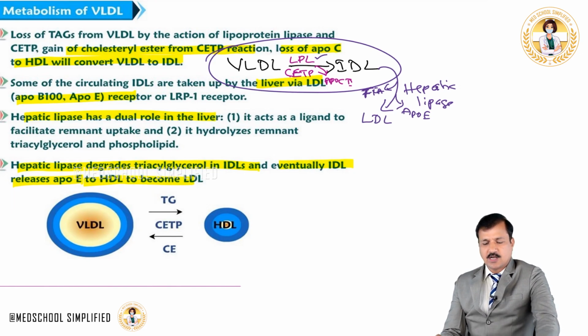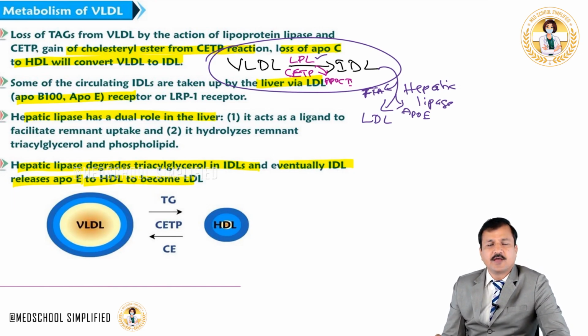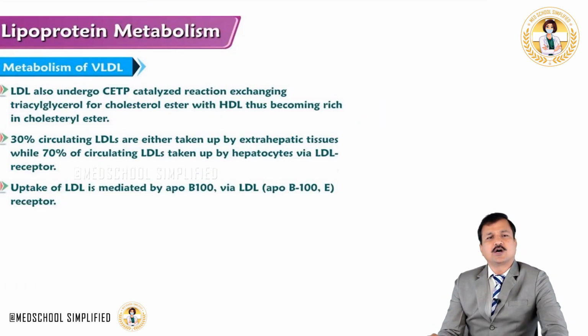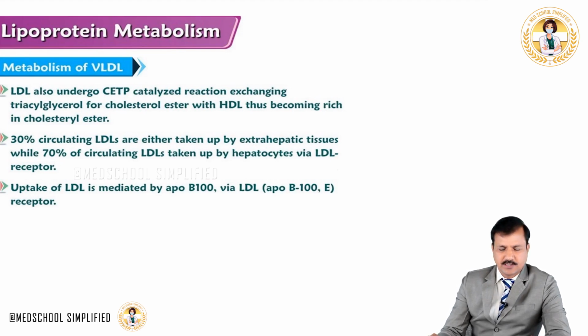So the conversion of IDL to LDL is helped by the action of hepatic lipase enzyme. Now the LDL undergoes a CETP catalyzed reaction, exchanging triacylglycerol for cholesterol ester with HDL, thus becoming rich in cholesterol ester.